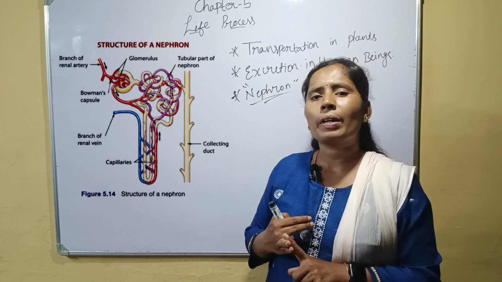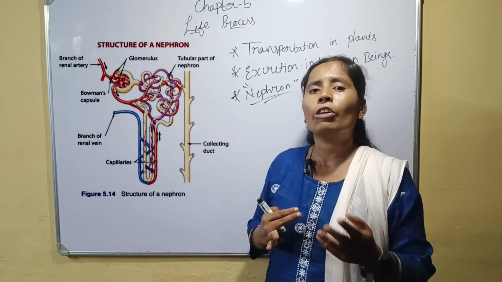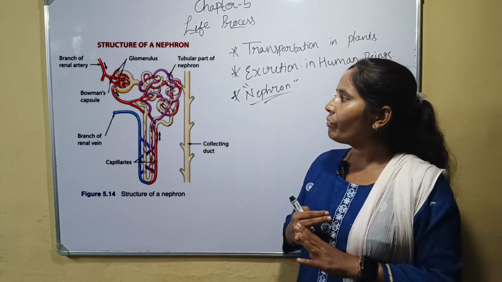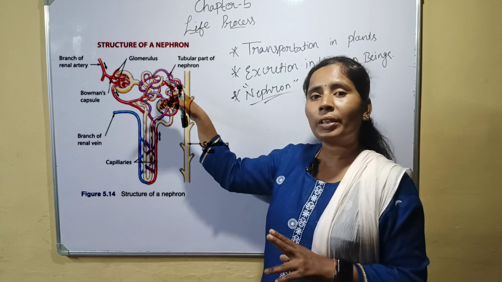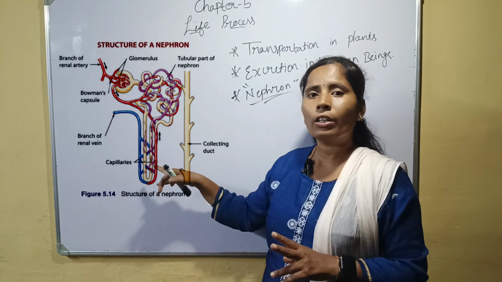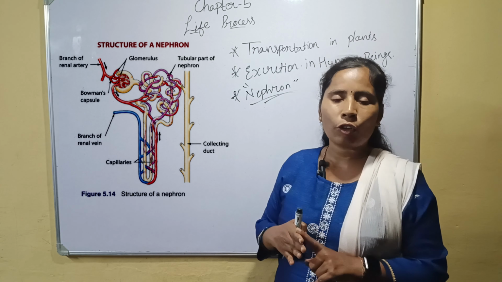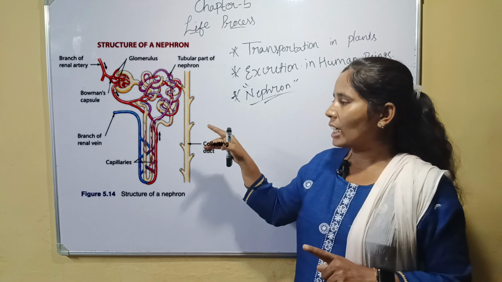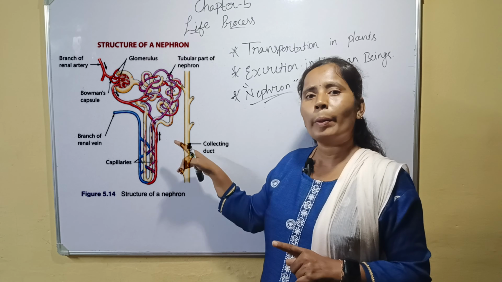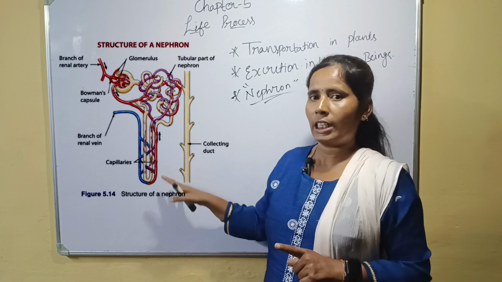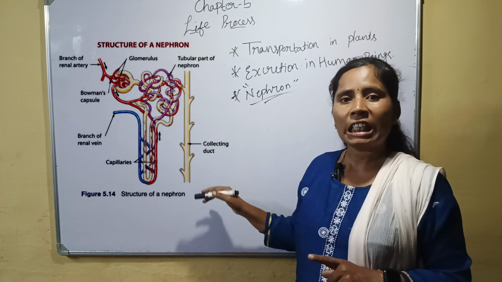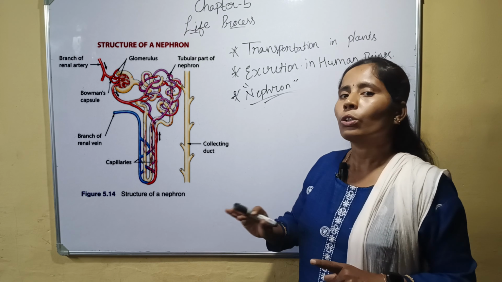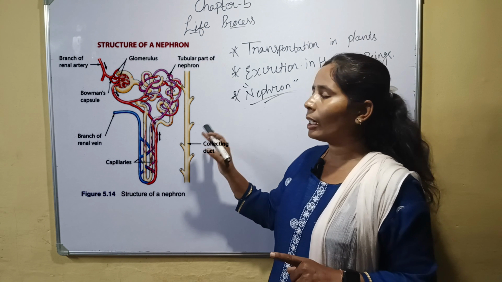It depends upon how much water the person takes in. The third point: the filtrate will move from the collecting duct to the urinary bladder. The fourth point: when it is time to pass, the urine will be passed through the urethra. These are the 4 points. You should draw this nephron and write these 4 points properly. Don't get confused, practice the diagram.